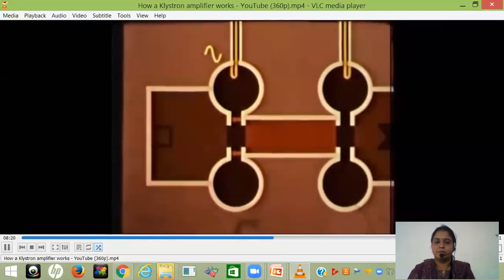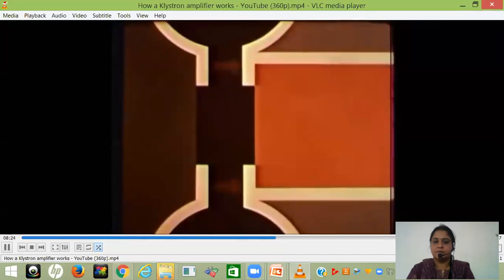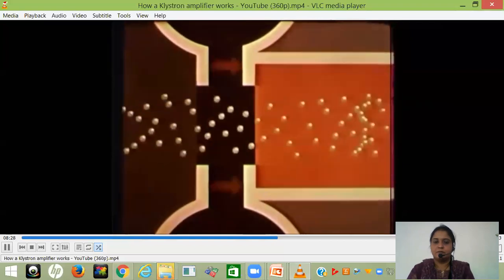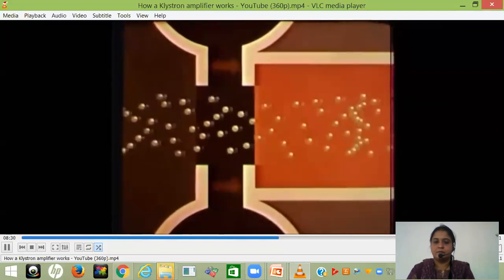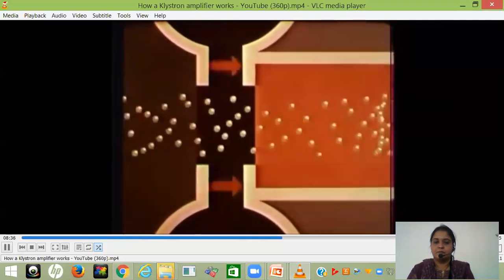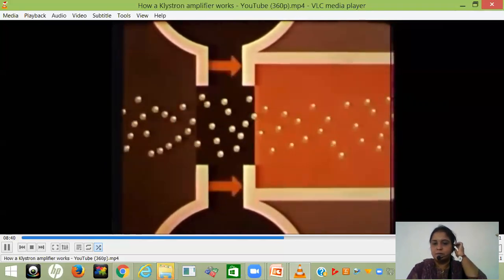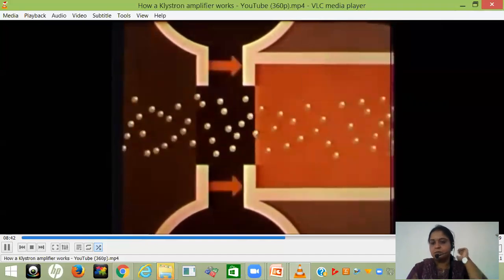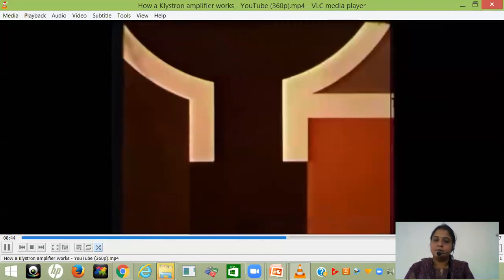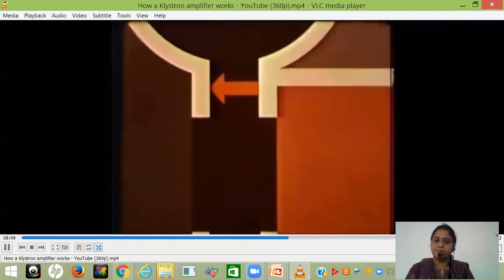It is sufficient to consider only the electric field in order to understand the modulation of the electron beam entering this first cavity resonator. The electric field lines indicate the direction of the force acting on a positive charge.